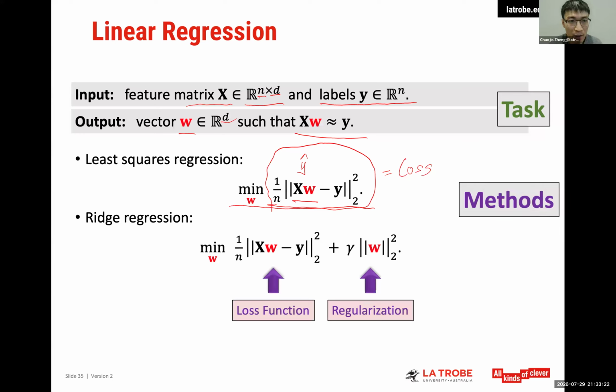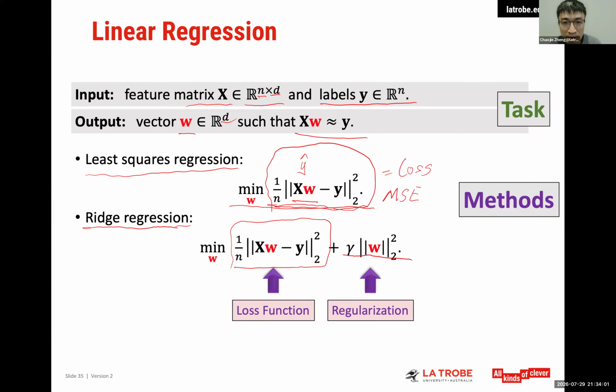And you may have heard of ridge regression. The only difference between ridge regression and least square regression is the regularization term. The first term is the mean square error, the same as the loss function in least square regression. The only difference is that it adds this regularization term.